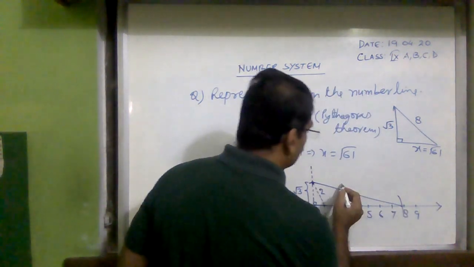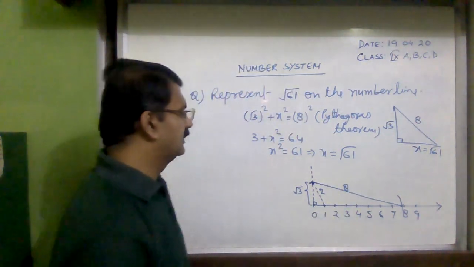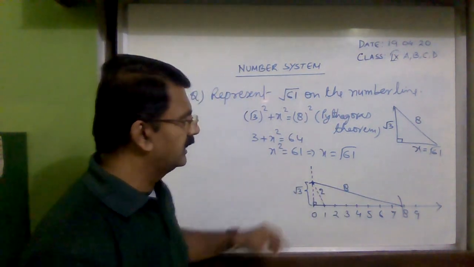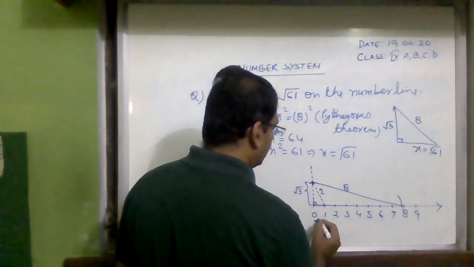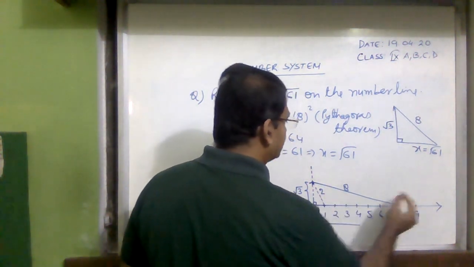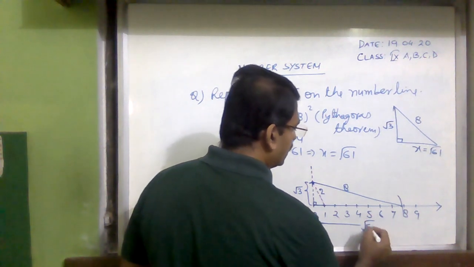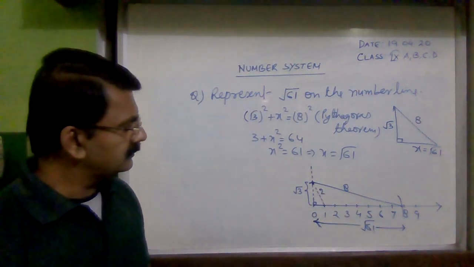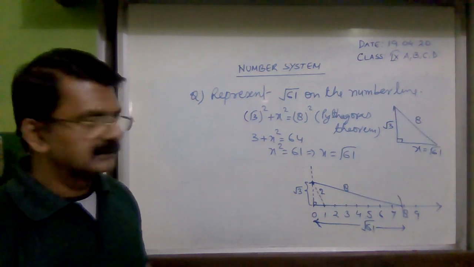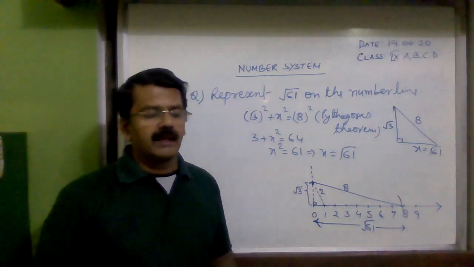So this distance is what? 8. And if this distance is 8 and this is root 3, so using Pythagoras that we have already used there, you can see that this distance will become root 61, like this. Clear? Is it clear to everybody?